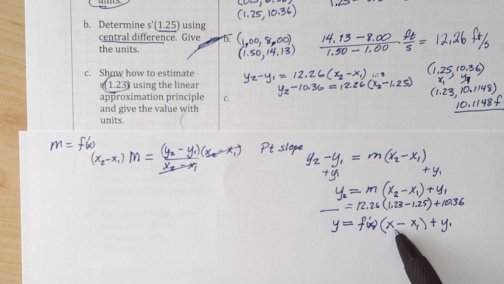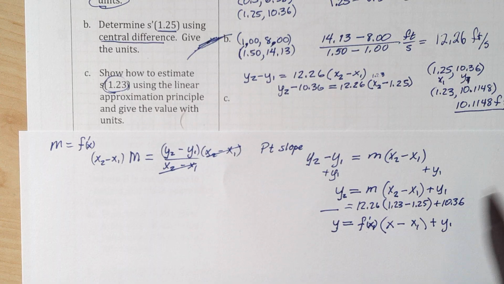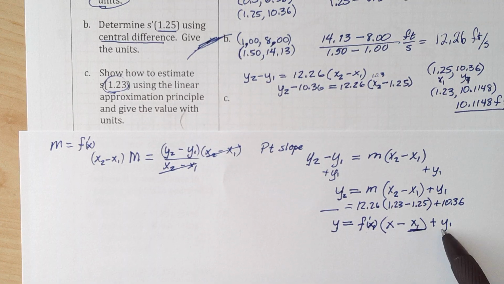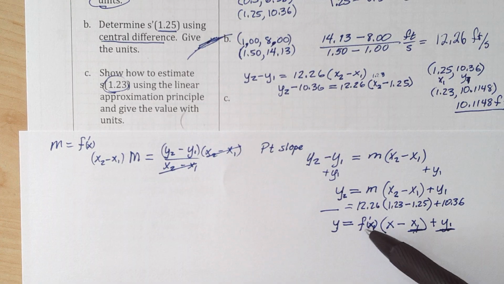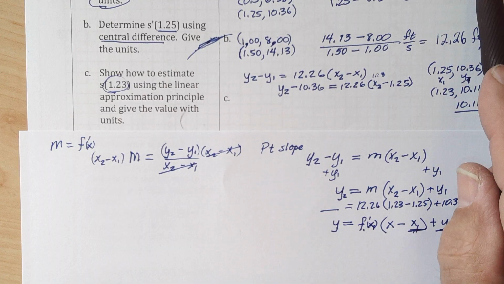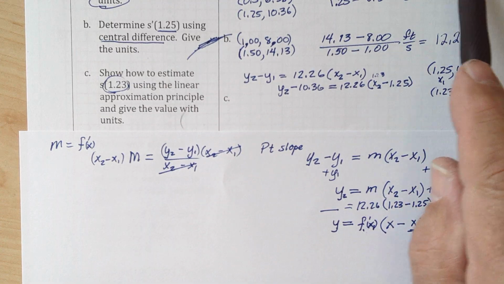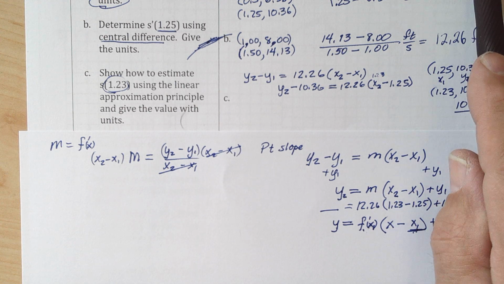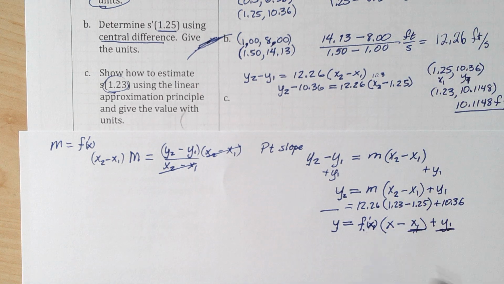They leave the subscript 2. The thing that you need to keep straight is that's y1, x1, and this is the y that goes with it for some point that we know. In this case, it's this point. And this is the slope near that point, which we did by central difference by taking these minus these and calculating that.